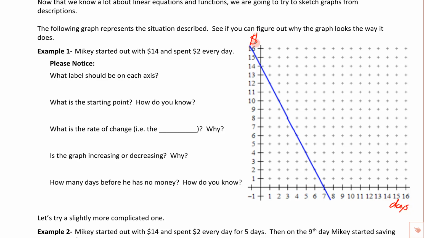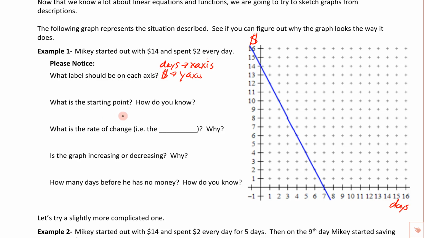So if we label the axes correctly, then we're in a much better position to answer questions about this. So dollars is going to be the y-axis, and days is going to be the x-axis. We've already got this labeled over here, so this might be extra writing, but that's fine.